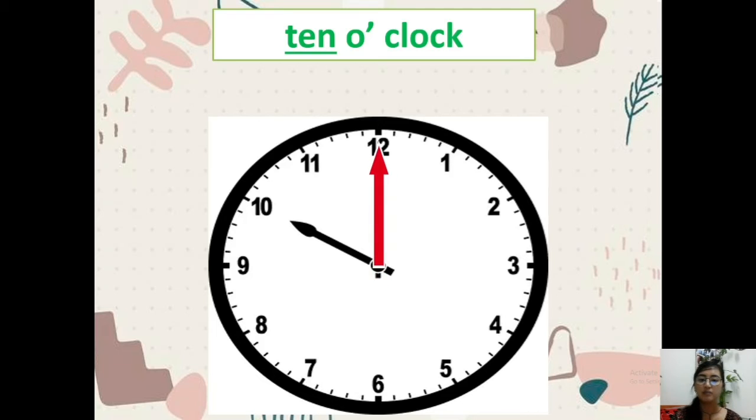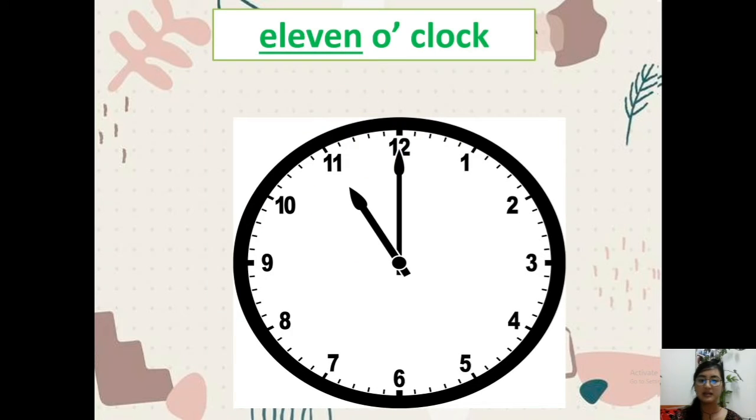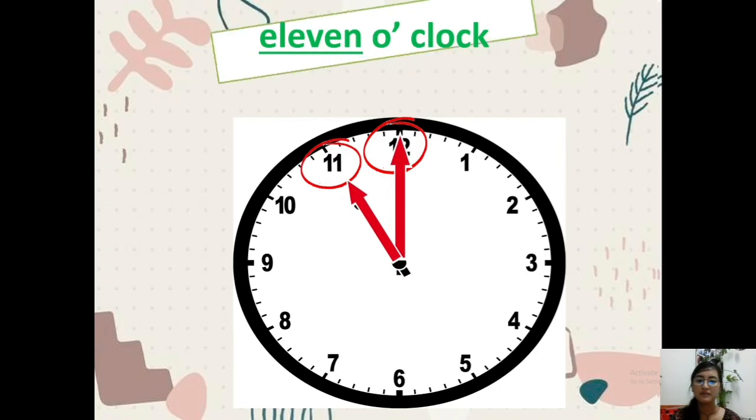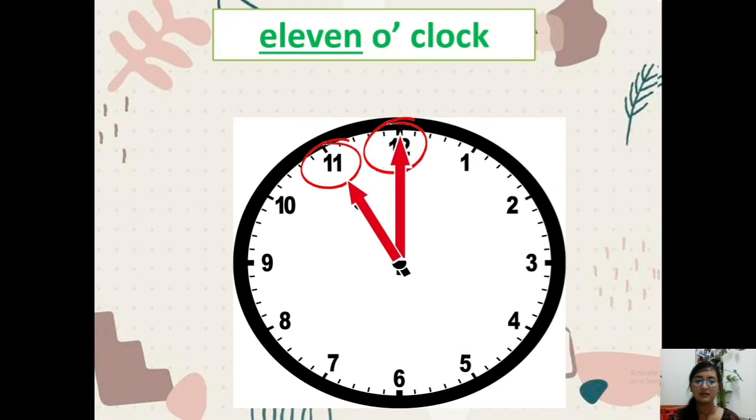If the long hand points to 12 and the short hand points to 10, then the time is 10 o'clock. It's 10 o'clock. The next one is, if the long hand points to 12 and the short hand points to 11, then the time is 11 o'clock. It's 11 o'clock.